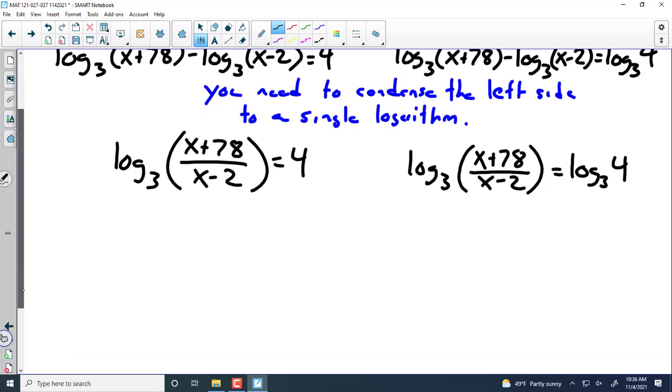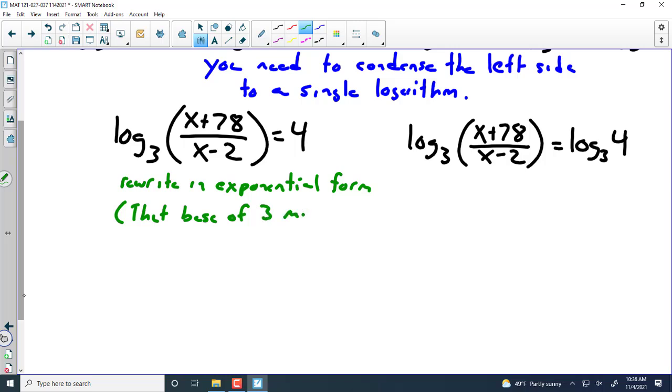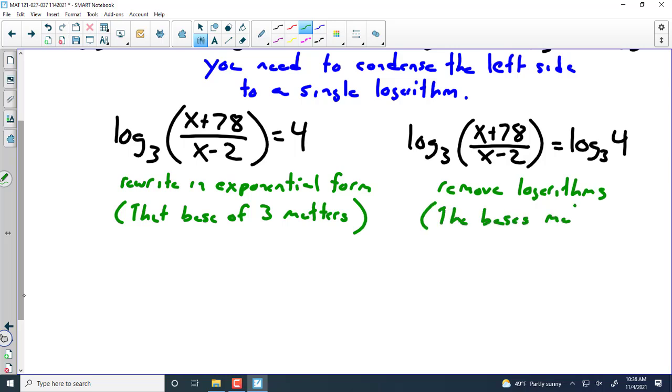Because this one, right here, you need to rewrite in exponential form. And what that actually means, since you're rewriting in exponential form, is that the base of 3 matters. This one, you will remove the logarithms, and all that really mattered on this one was that the bases match.